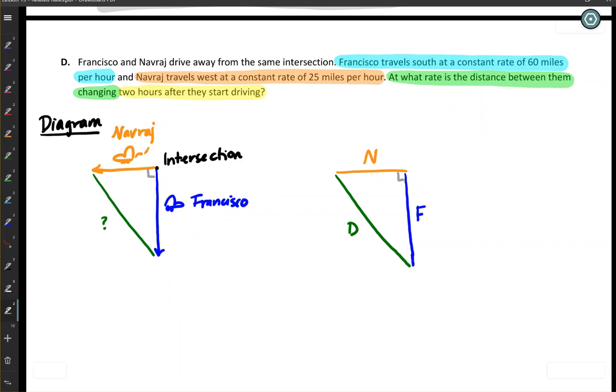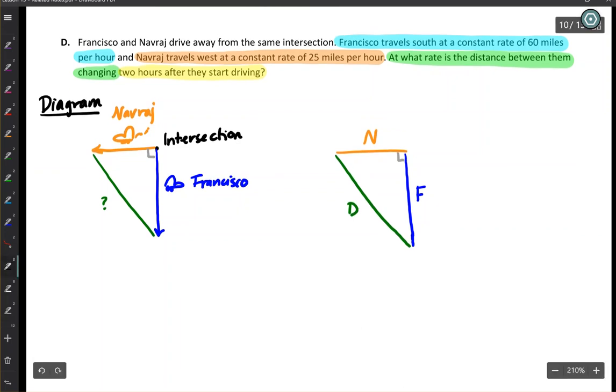And let's identify the given rates and the unknown rates. So given, Francisco is traveling at a constant rate of 60 miles per hour. That means that the distance that he has traveled is increasing, right?